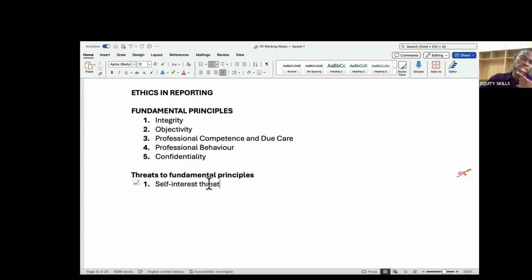When you get such a letter from the revenue authority or the tax authority, you are really required to go and pay that liability, or you go to court.